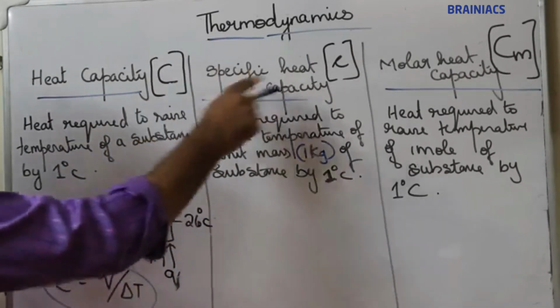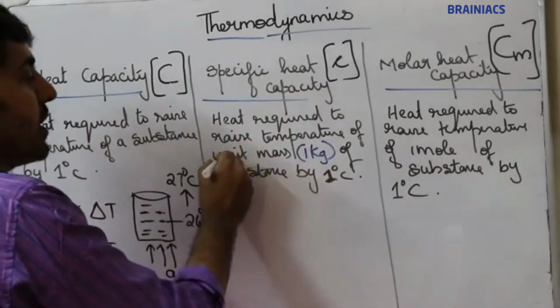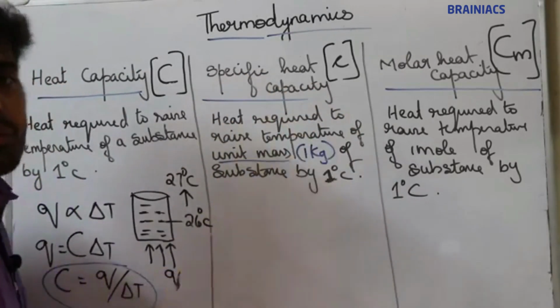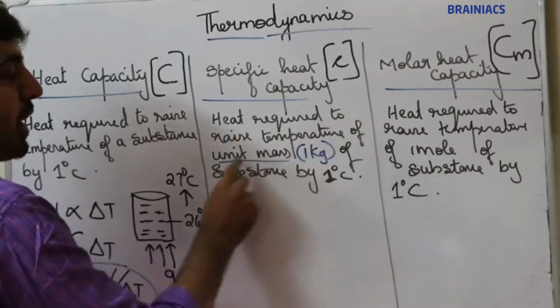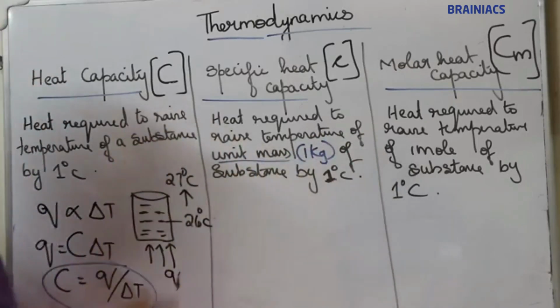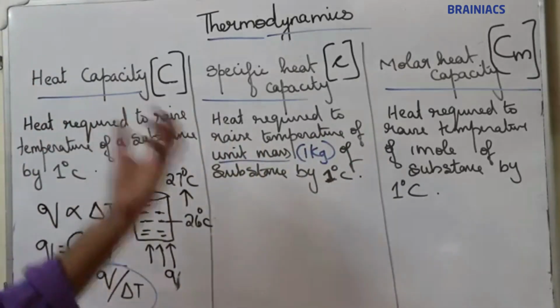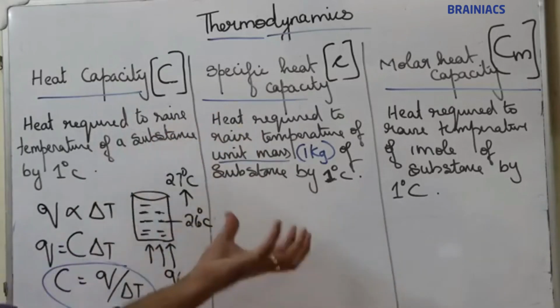But in specific heat capacity we are considering a substance of unit mass. So it is the heat required to raise the temperature of unit mass of substance by 1 degree Celsius. So here we are specifying the mass of the substance.